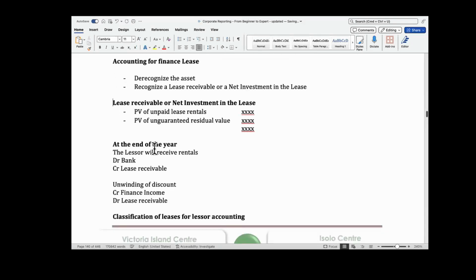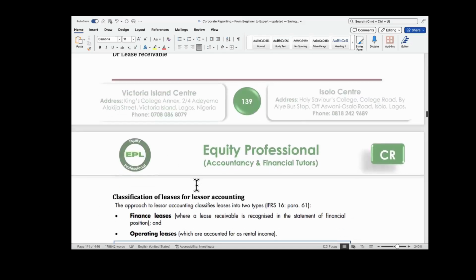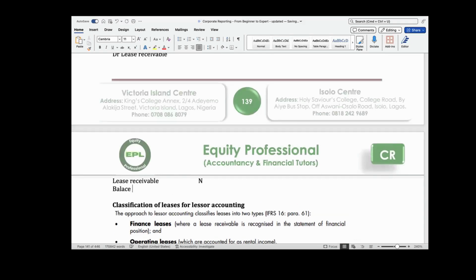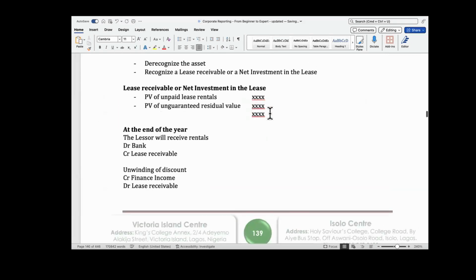So all this I've done now, usually I can do it in a schedule. I can do this lease receivable in a schedule. I can just say balance brought forward, which is this one here, what it does at the commencement date.